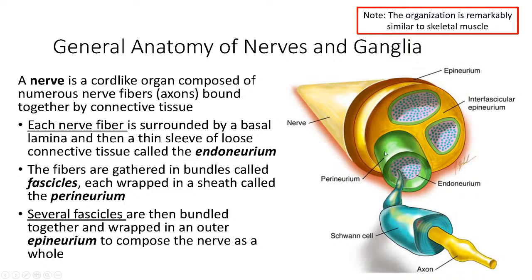And so if muscle has endomysium, perimysium, and then epimysium surrounding the anatomical muscle, in the nerve, we're going to find endoneurium surrounding the individual nerve fibers. Fascicles are wrapped in perineurium, and then multiple fascicles will be bundled together and surrounded in epineurium. And so the nomenclature here and the organization is remarkably similar, yes, to muscle.